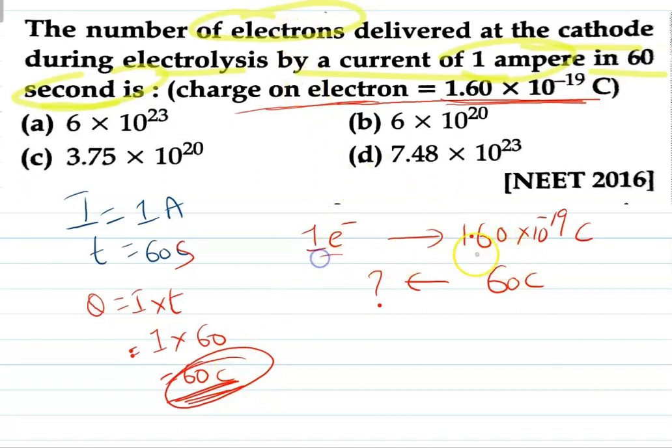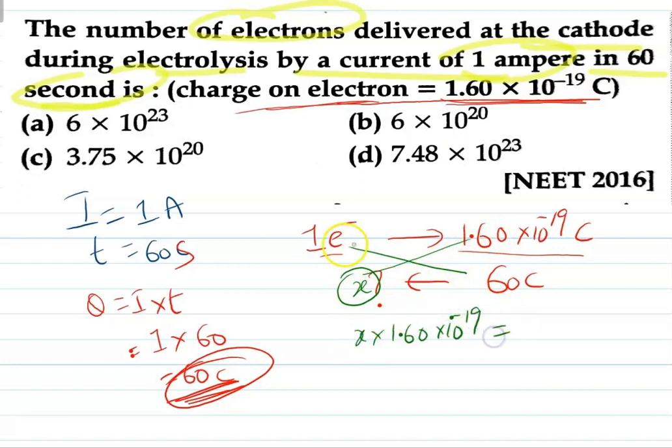So 1 electron has this many coulombs. Then 60 coulombs will have how many electrons? So just crisscross and get the answer. That is the only simple thing. So x into 1.60 into 10 to the power of minus 19 is equal to 1 into 60, or x is equal to 60 by 1.60 into 10 to the power of minus 19. So if you calculate this, you will get the answer.